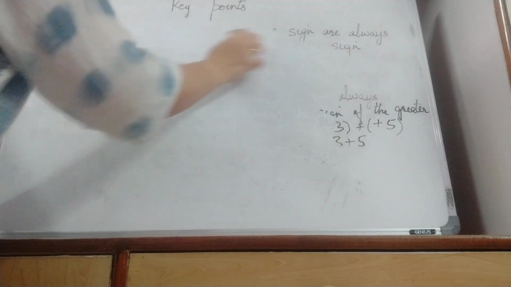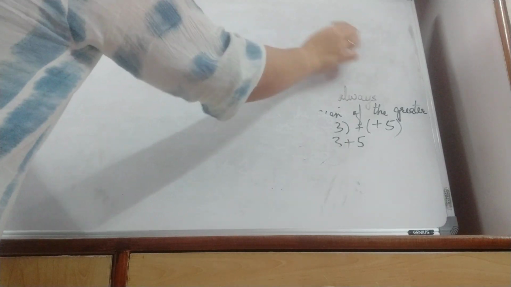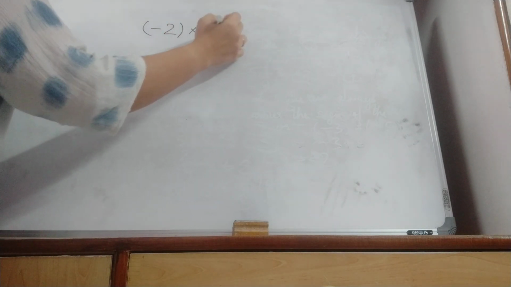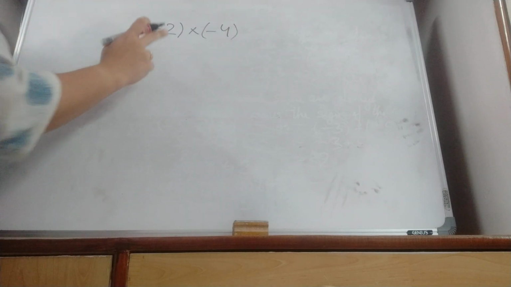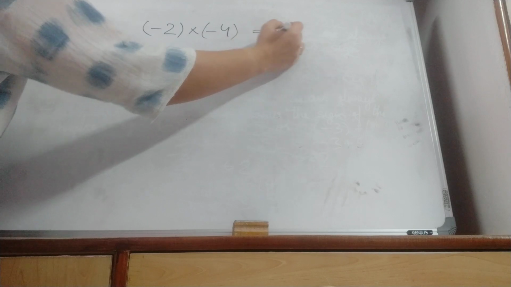But yes, if there are negative integers, then I'll just tell you there's nothing confusing in that. I'll just explain. Some children were having a lot of doubt in that. So supposing I want to multiply, let's say, -2 and -4. Now, first of all, ignore the negative sign. 2 into 4 is 8.